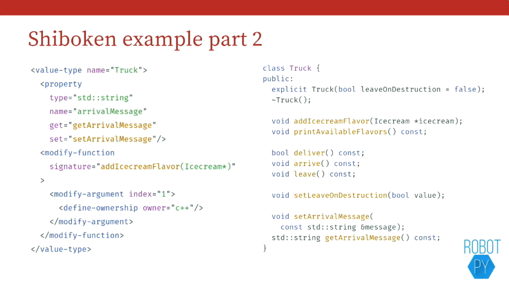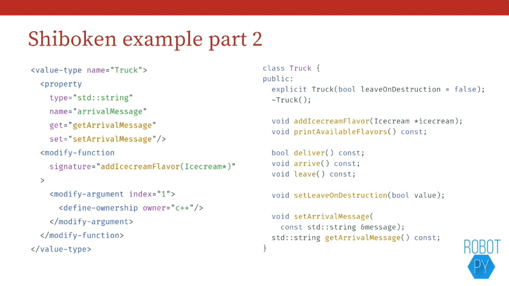And then we have this other class. There's a whole bunch more methods, but what's interesting in the bindings here is that we also have a property that we can define.